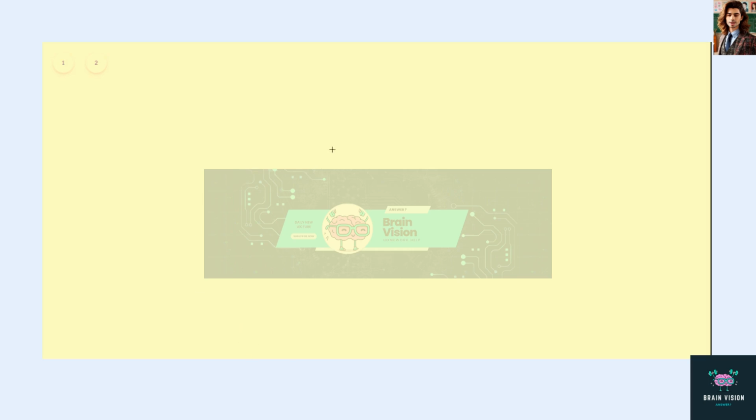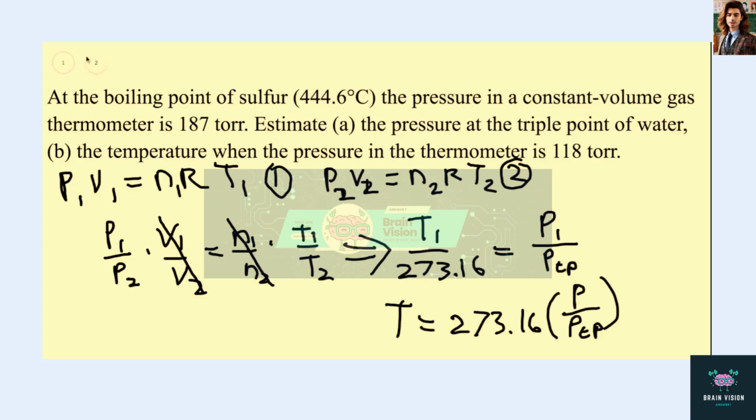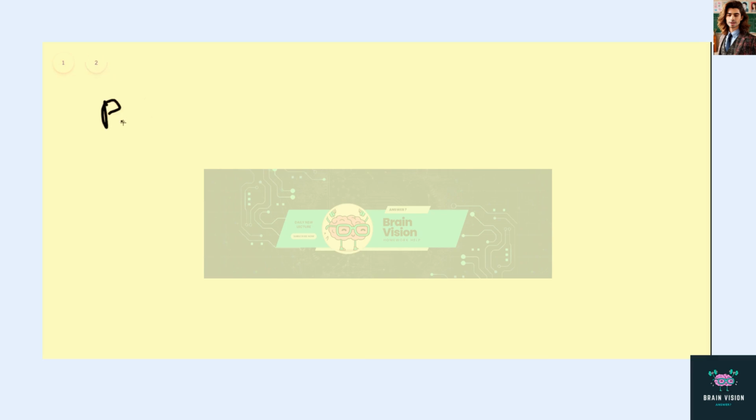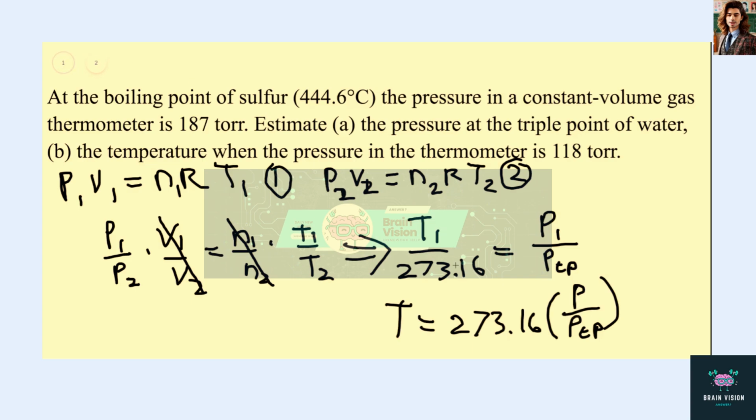We're given in the question that the temperature is 444.6, and we're to estimate the pressure at the triple point, so we're going to make PTP the subject of the equation. Let's just check the question again. We multiply through by the pressure at the triple point and divide through by the temperature.